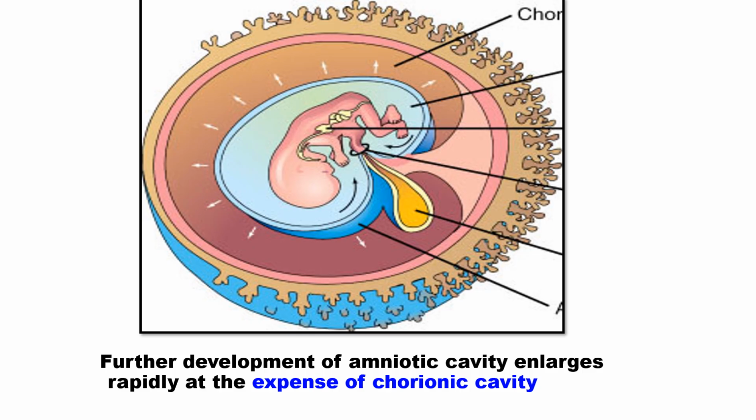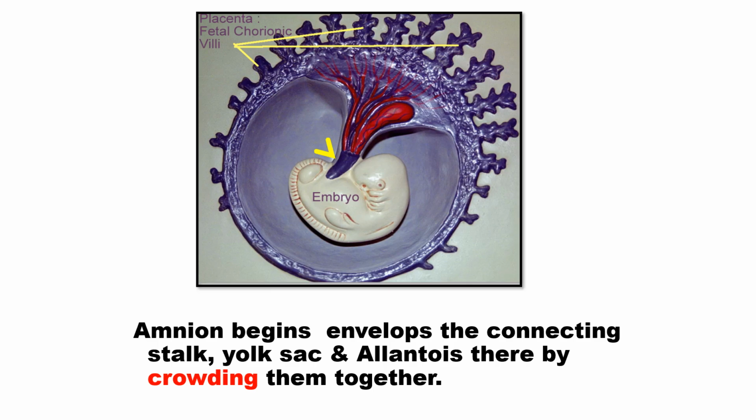Further development of amniotic cavity enlarges rapidly at the expense of chorionic cavity. Amnion begins to envelop the connecting stalk, the yolk sac, and allantois, all of them crowding together at the ventral part of the embryo.